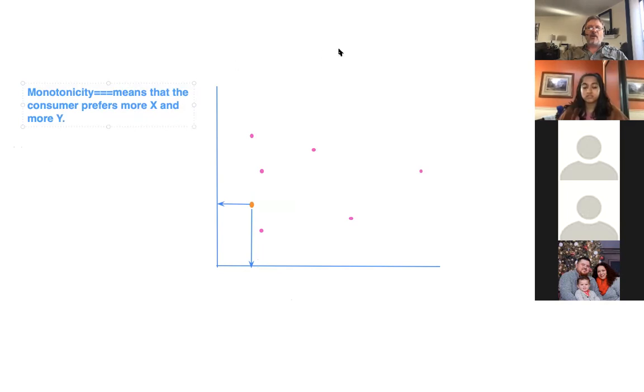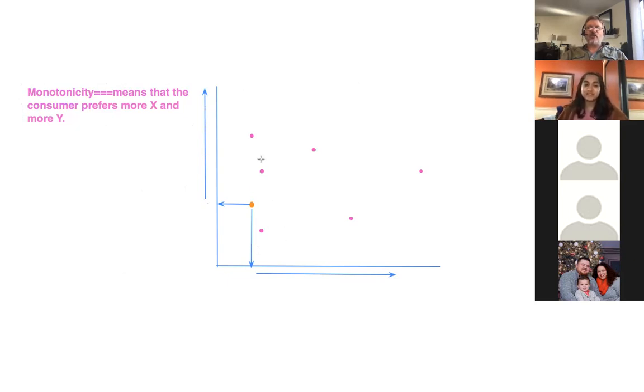So what we know then is anytime the consumer can increase the amount of X or increase the amount of Y, they consider themselves better off. Okay. Is that clear, Sonika? Yeah. Okay.